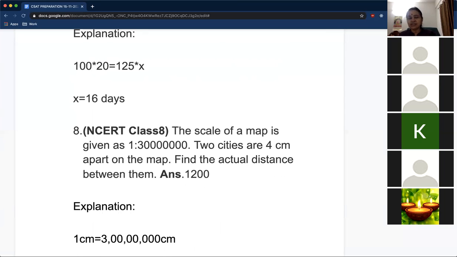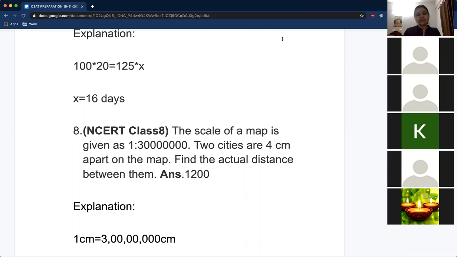Now, another very easy question. Scale of a map, this you will come across in geography also and in mathematics. The scale of a map is given as 1 is to 3 crores, which means 1 centimeter on the map will be 3 crore centimeters in the real land. Two cities are 4 centimeters apart on the map.